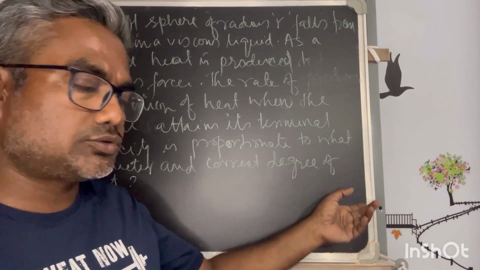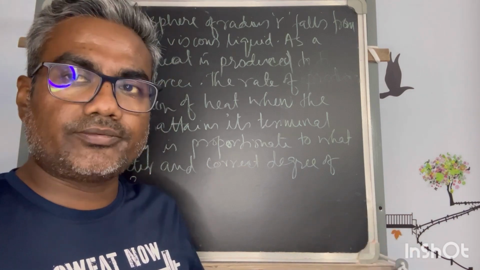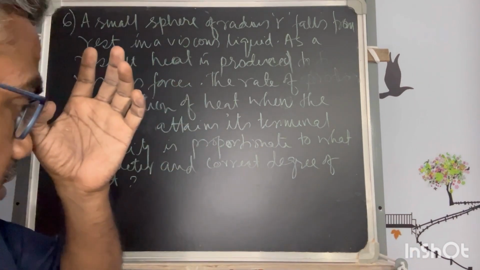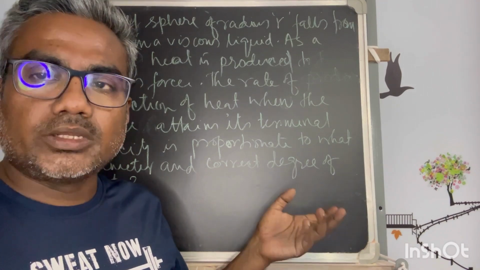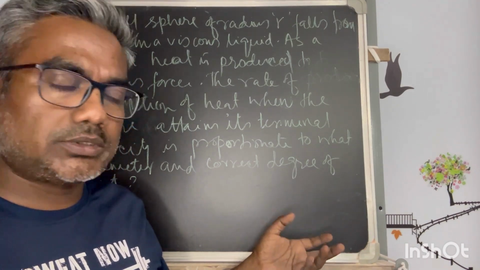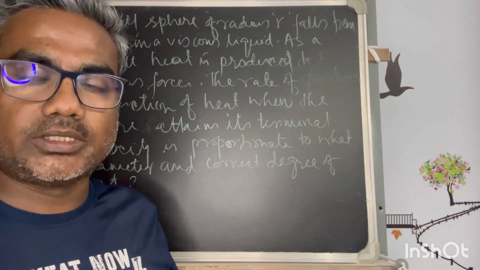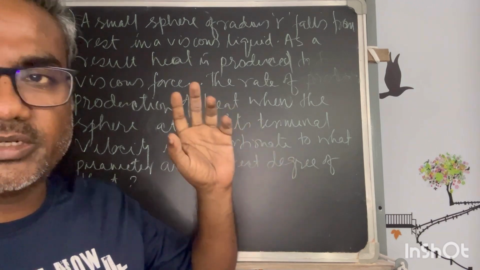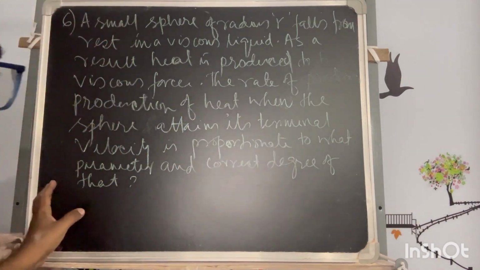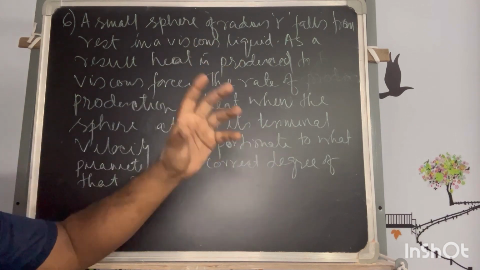If you are able to solve the problem, the options automatically will come. Options are needed when you are solving some numericals, where you need the nearest value and assumptions can be made. But for this kind of problem where a definite answer will come, you need not wait for the options.